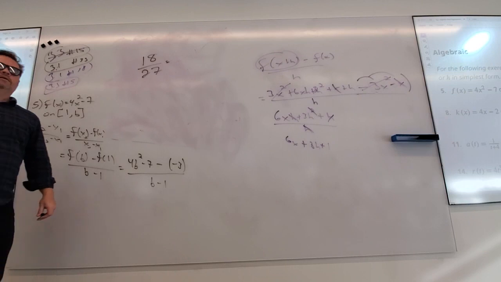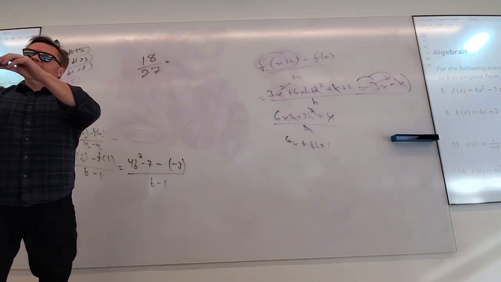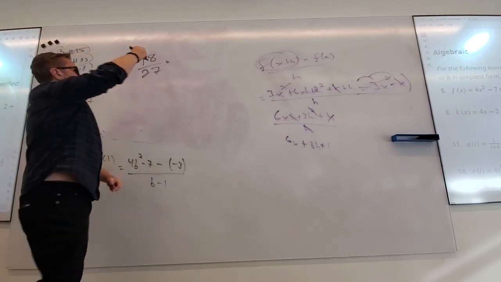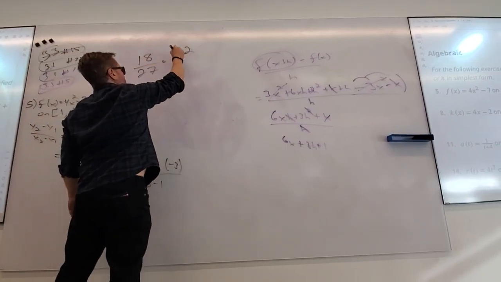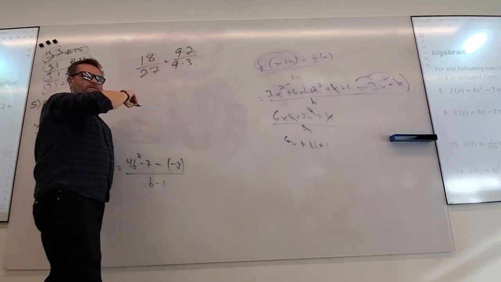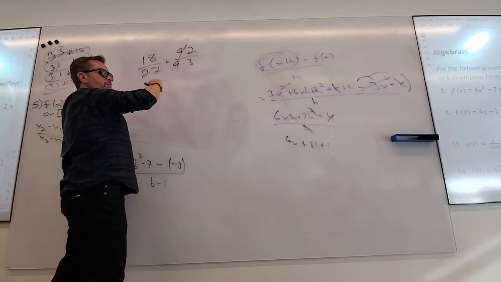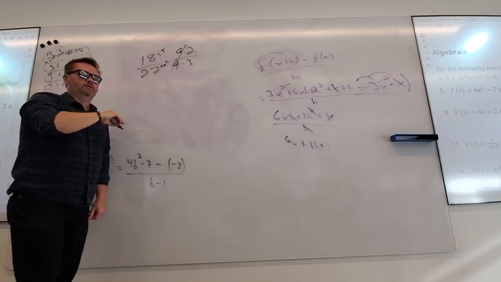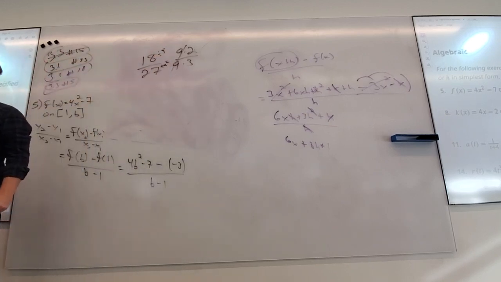Yeah. Here's something you would never write, but this is really what's happening. 18 is 9 times 2, yes? 27 is 9 times 3, yes? So the 9's cancel. Now what we normally would do at most is this, and we still get 2/3. Everybody with me? Okay.